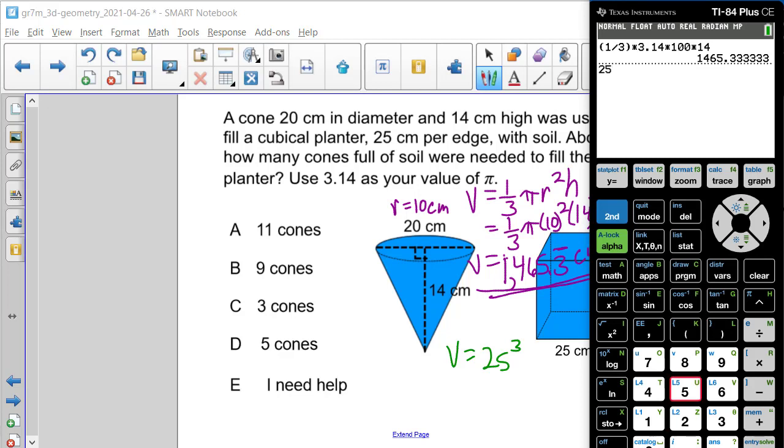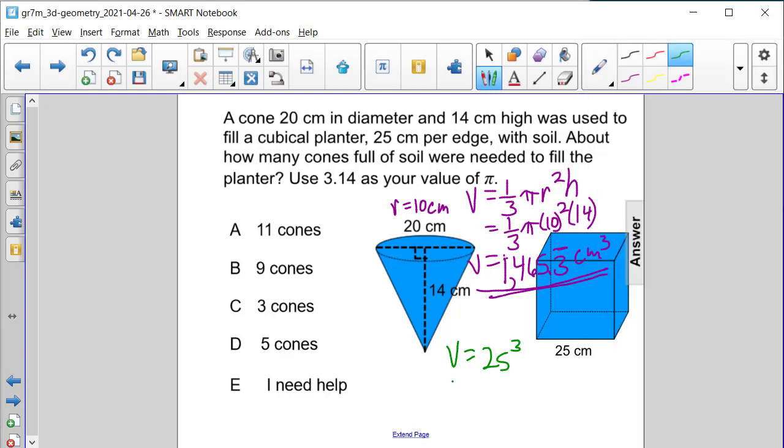So 25 cubed is 15,625 cubic centimeters.